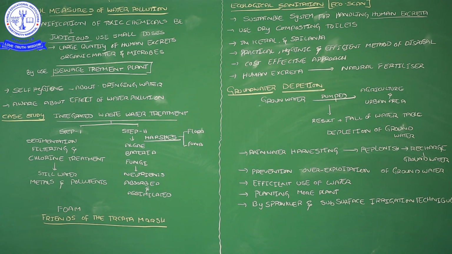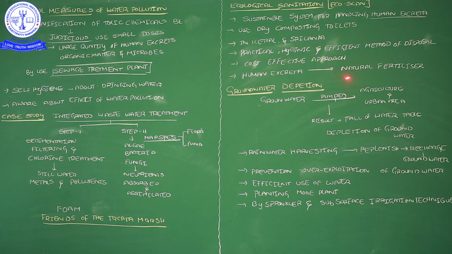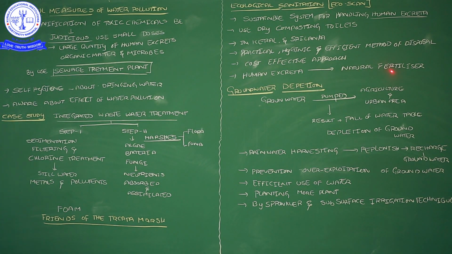That is why we use eco toilets: they recycle human excreta, and the method is easy, practical, hygienic and efficient. It is expensive but an efficient approach, and finally human excreta are converted into natural fertilizers.